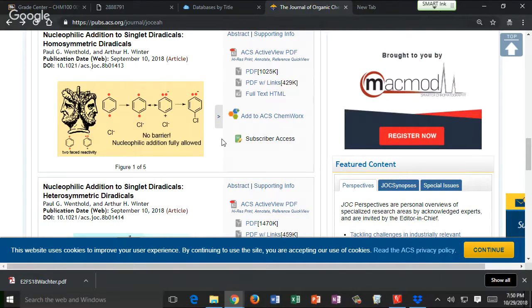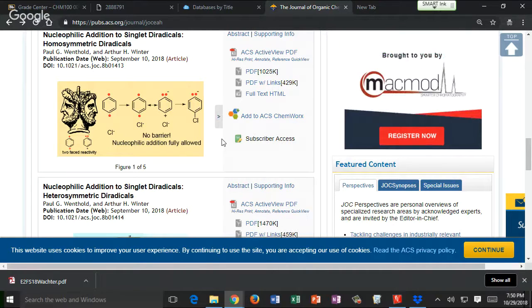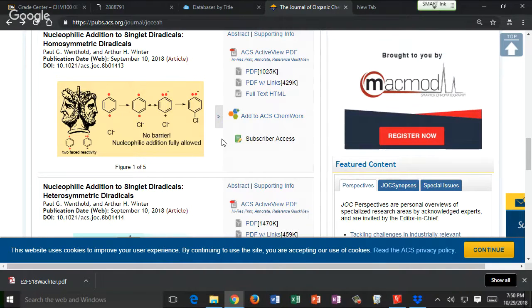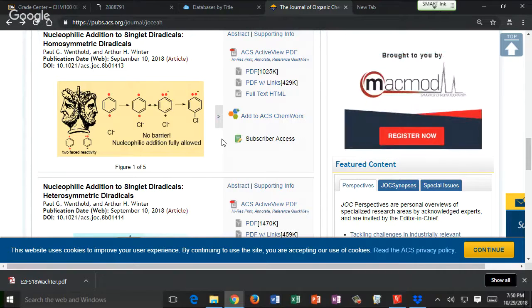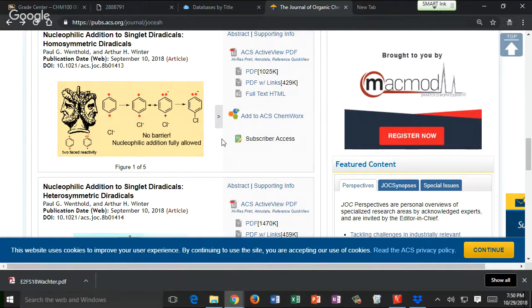So draw the structure and try to find this information.